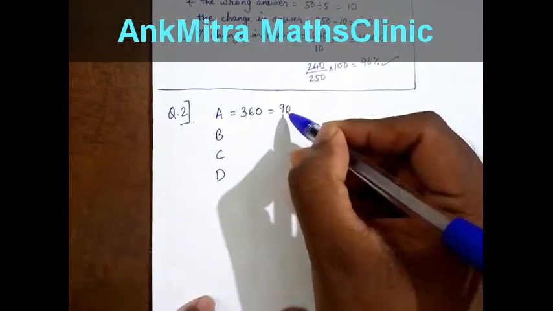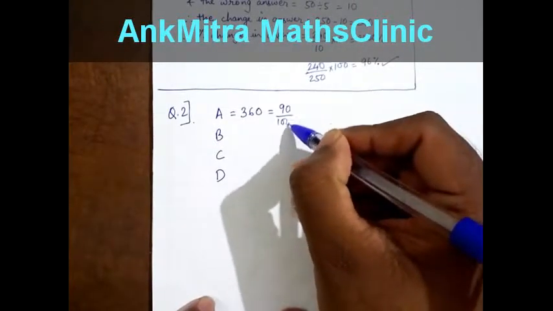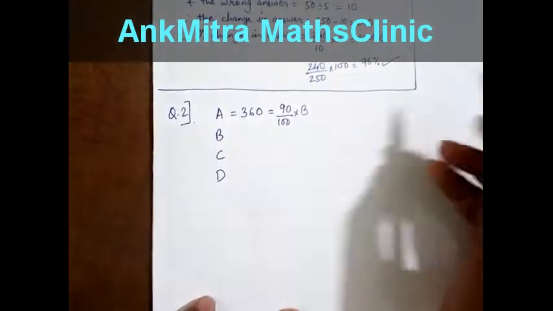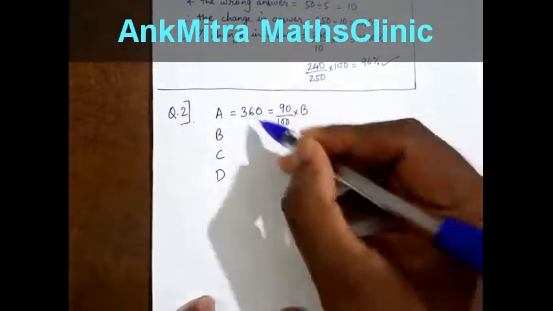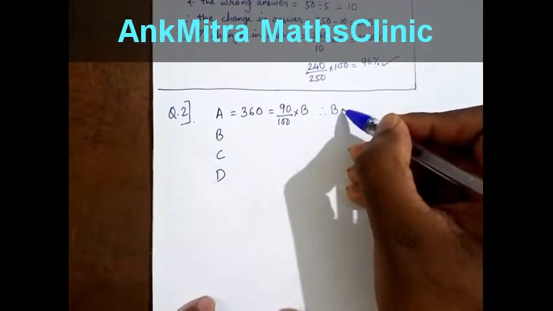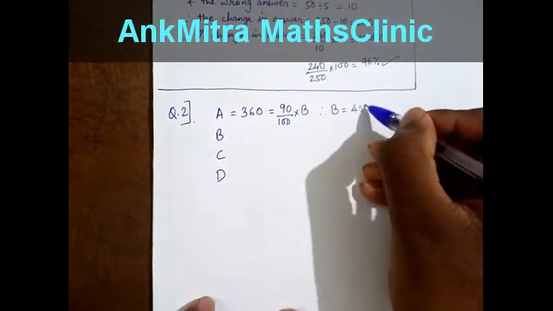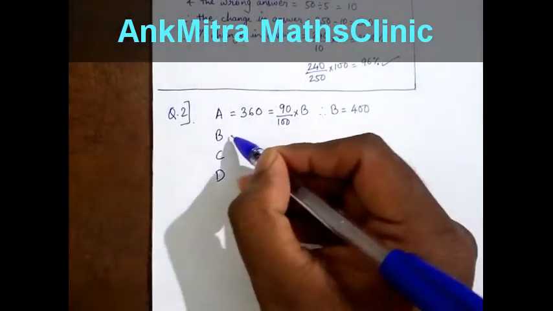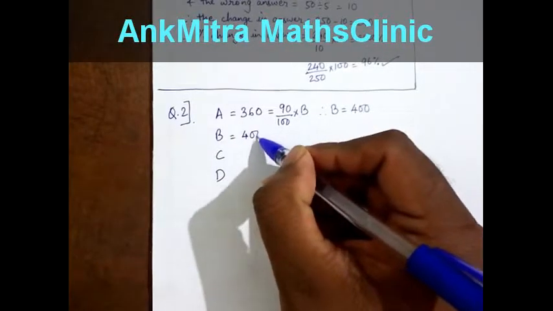So we can write it as 90 upon 100 multiplied by B. Simplifying this, we get B's marks as 400.